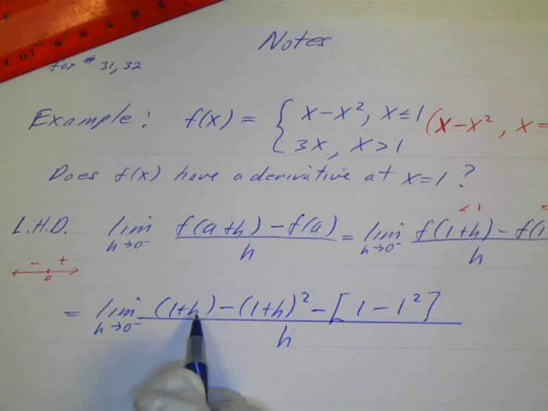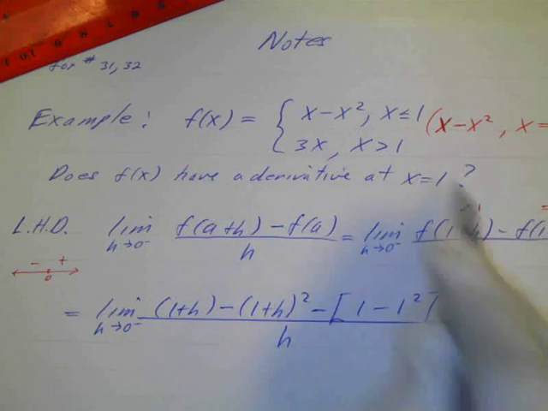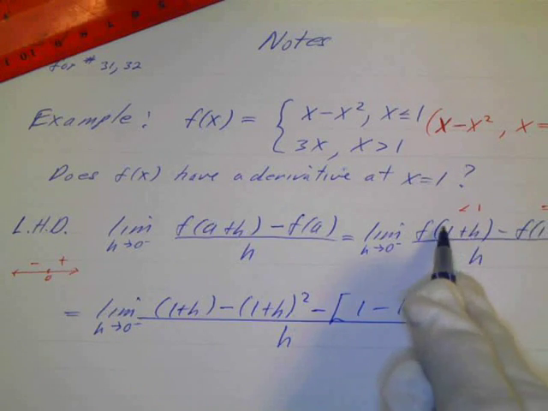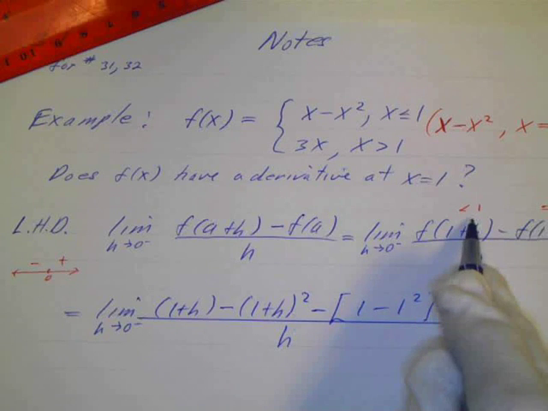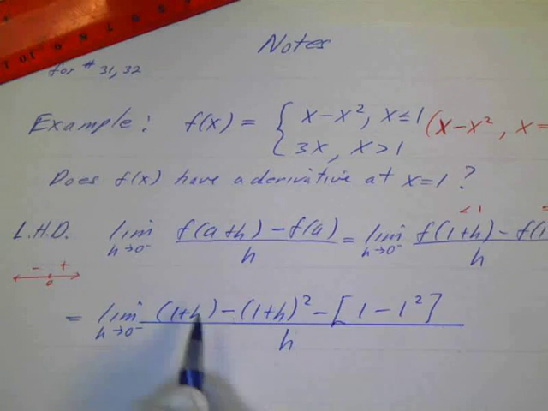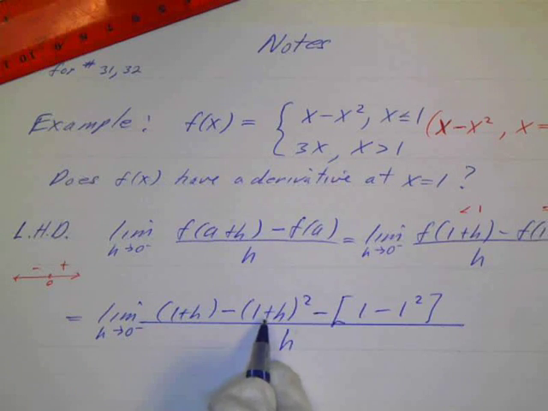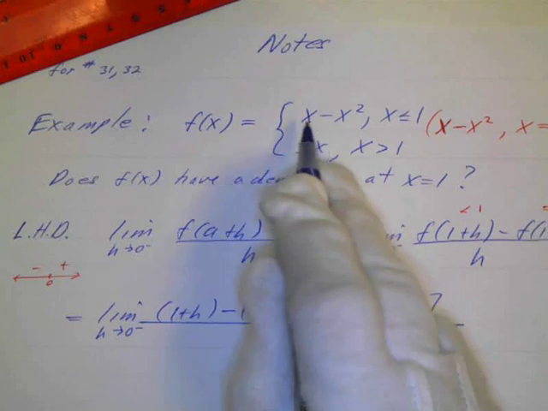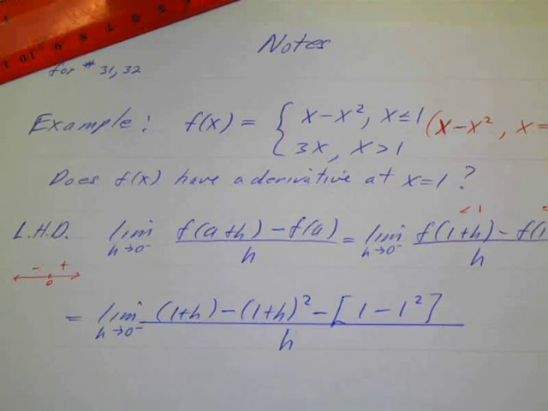Okay, so we're using this function here because my 1 plus h is going to be less than 1 because h is negative. So I'm going to use this and this, all right? So something minus something squared, minus, and I'm going to put 1 in here, so 1 minus 1 squared.